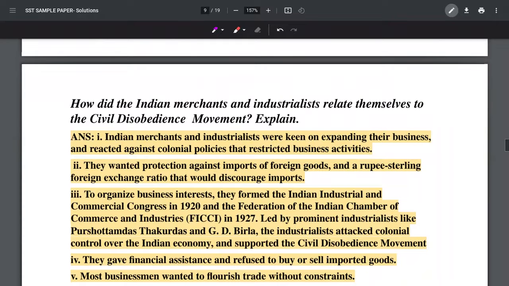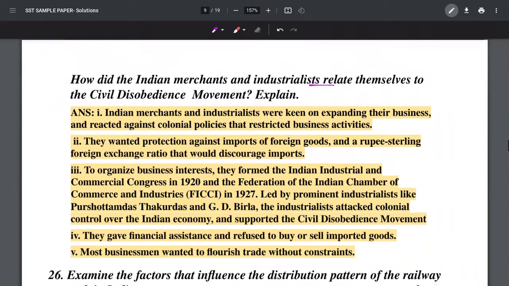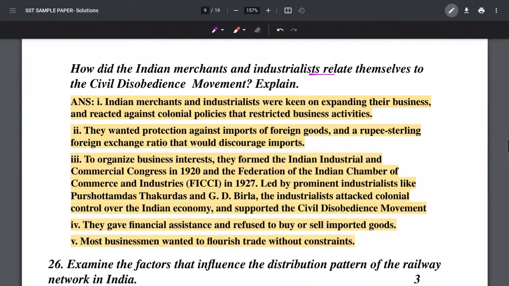How did the Indian merchants and industrialists relate themselves to the Civil Disobedience Movement? So, how was the reaction of merchants and industrialists to civil disobedience? Merchants and industrialists were keen on expanding business, they wanted more and more profits. So they were reacting against the colonial policy that restricted business activities.